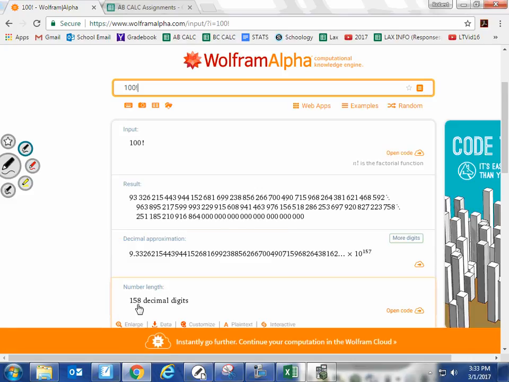It is 158 digits. The Patriots win. They always do. Okay? So what we find is that no matter what value we use, eventually a factorial will win as we trend towards larger and larger values of n.